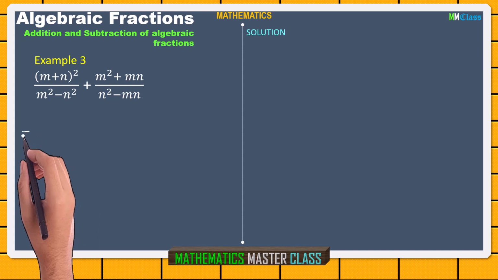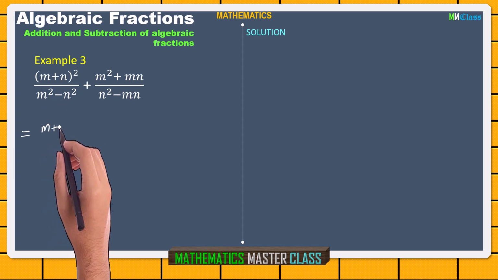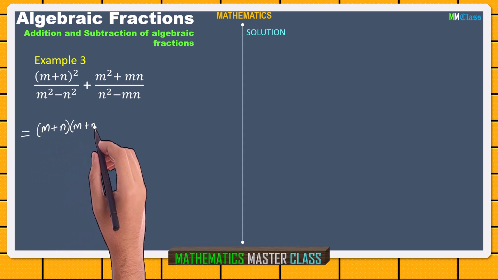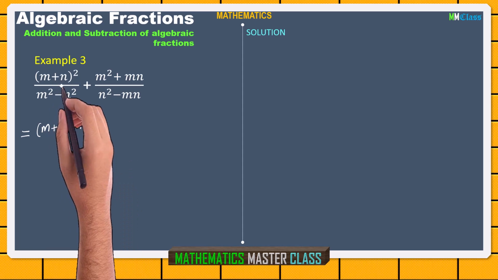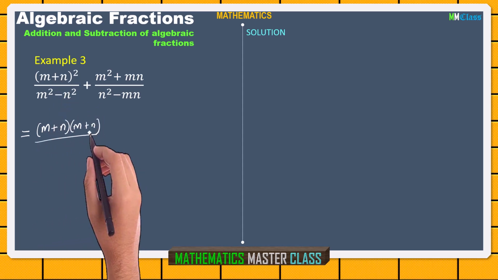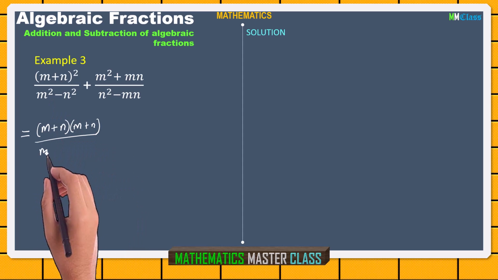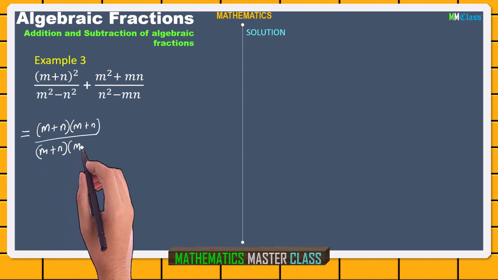Let's first of all factorize the numerator here. That is (m plus n) times (m plus n). Is the factorization of this one, you duplicate it. All over, this one is difference of two squares. So it will be (m plus n) times (m minus n).